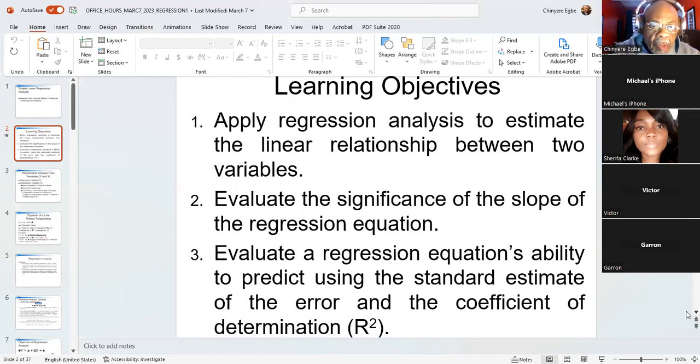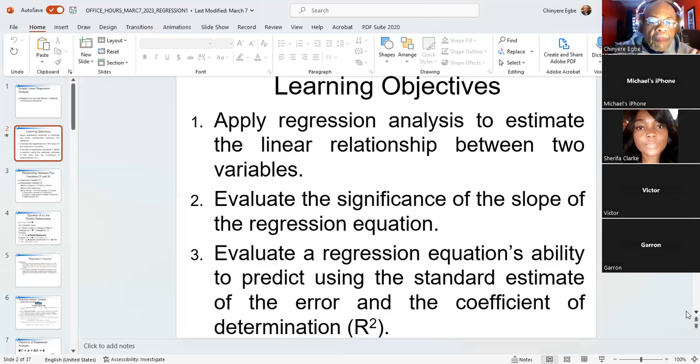And then we're also going to evaluate a regression equation for its ability to predict using the standard error of the estimate, and also to estimate the coefficient of determination. The coefficient of determination essentially is a measure of how strong the relationship is. How do you measure how strong a relationship is between a dependent variable and an independent variable?